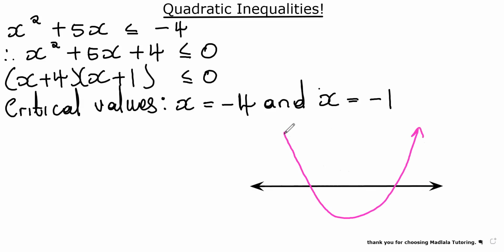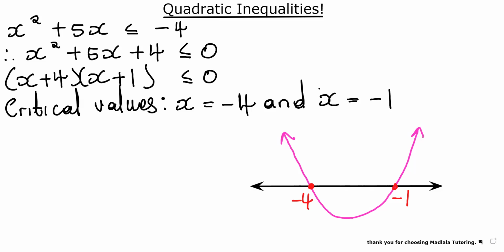Once again, the coefficient of x squared is positive, so the graph is facing up. And these are your critical values. It's -4 here and -1 there. Now, what is the question saying?